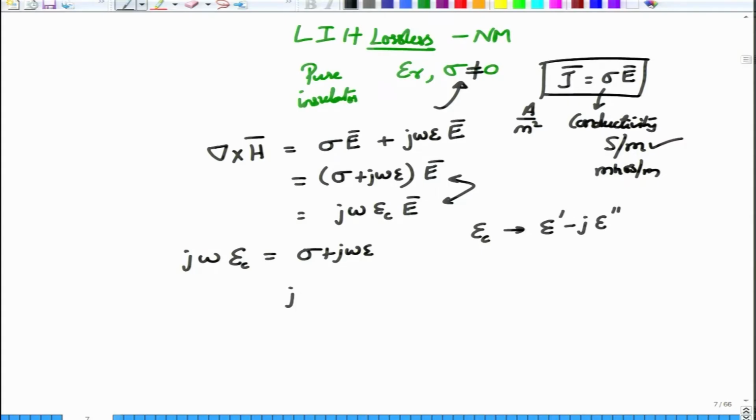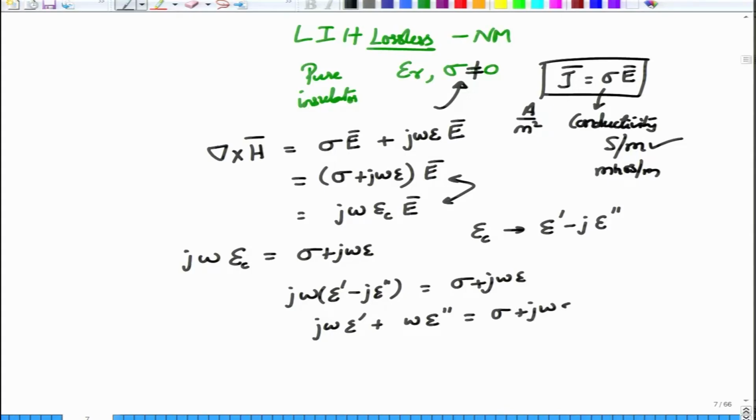Okay, so I now have j omega times (epsilon prime minus j epsilon double prime) should be equal to sigma plus j omega epsilon, okay, where epsilon is your original epsilon that we had considered, not the complex permittivity. So I can write this as j omega epsilon prime plus omega epsilon double prime, this should be equal to sigma plus j omega epsilon.